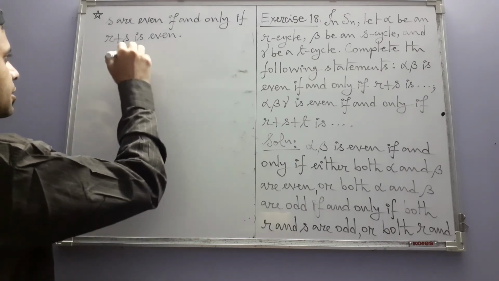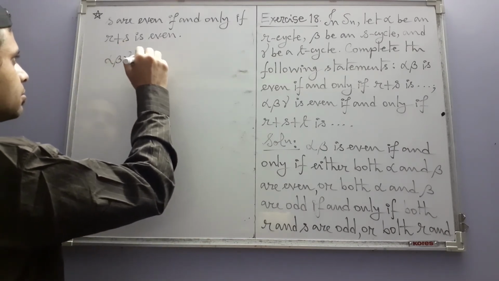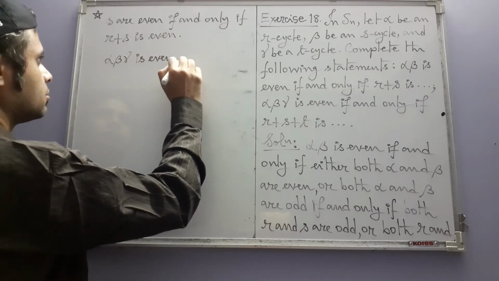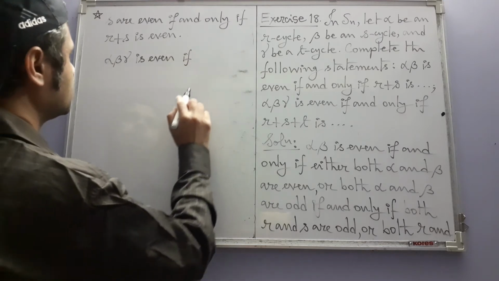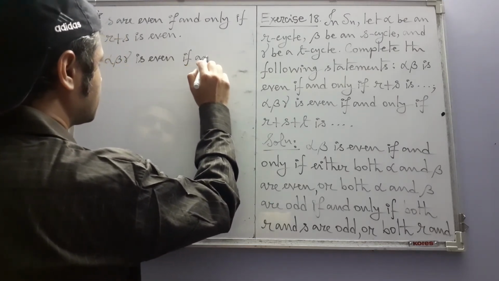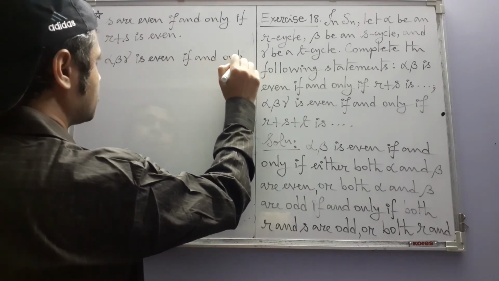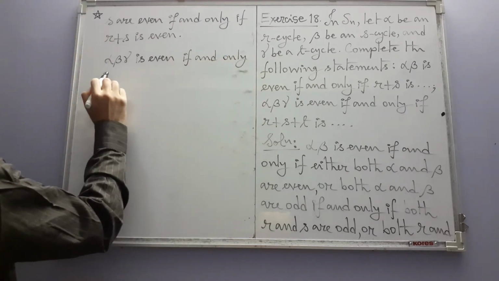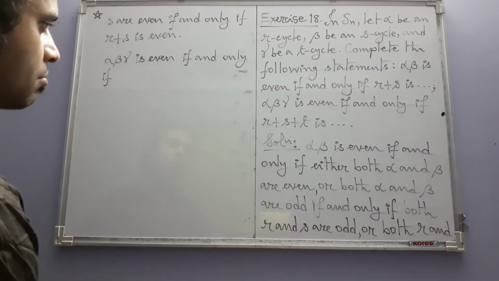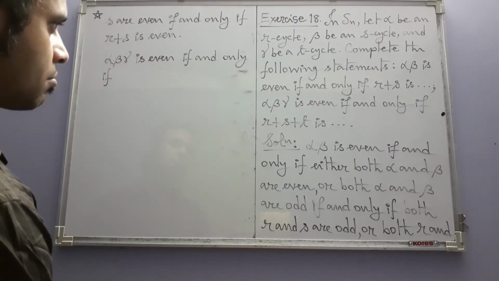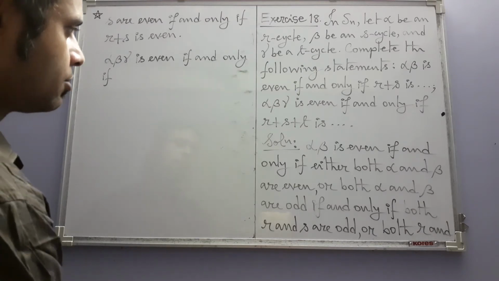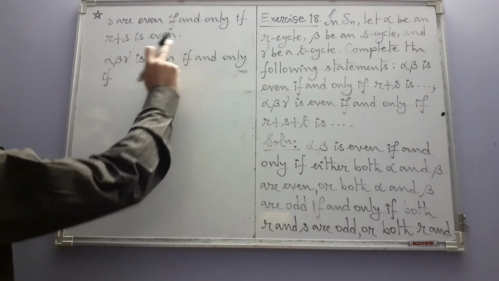Alpha, beta, gamma is even if and only if... what I am trying to do is to directly use this result.